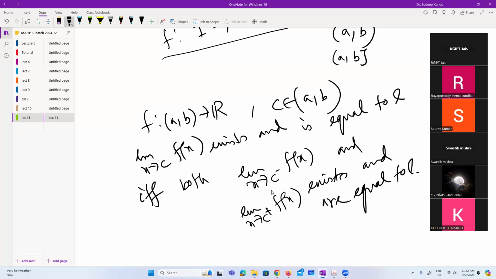So if both left-hand and right-hand limits exist and equal the same value L, then the limit as x tends to C of f exists and equals L. So both ways are true.